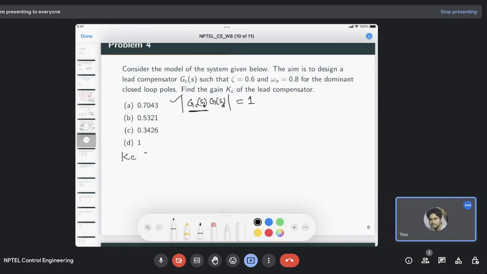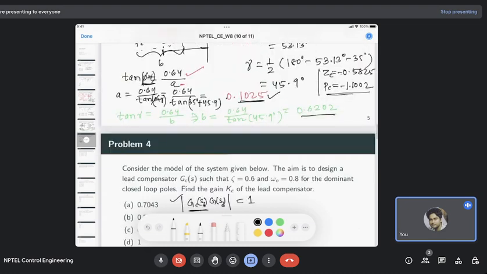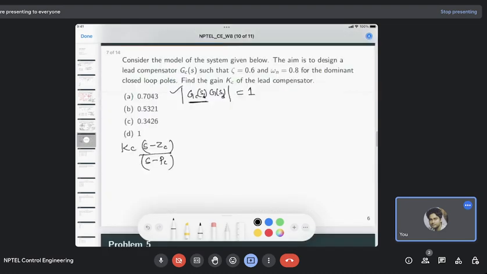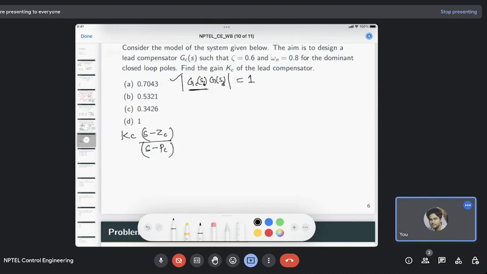Kc times (s minus Zc) by (s minus Pc). Because we have taken Zc and Pc with negative signs, we put this as the compensator, and this is Kc.